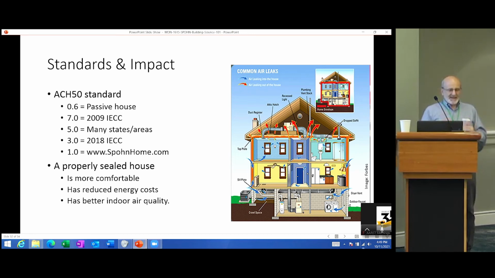The 2018 IECC is at 3 ACH 50, but many states, including Pennsylvania, where I live, have decided to derate that to 5 air changes per hour. And that's the blog site for the house that I built. We came in at 1. So it's a pretty good house, close to that passive house standard, and got a lot of the air leakage under control. Not everything, but a lot of it.